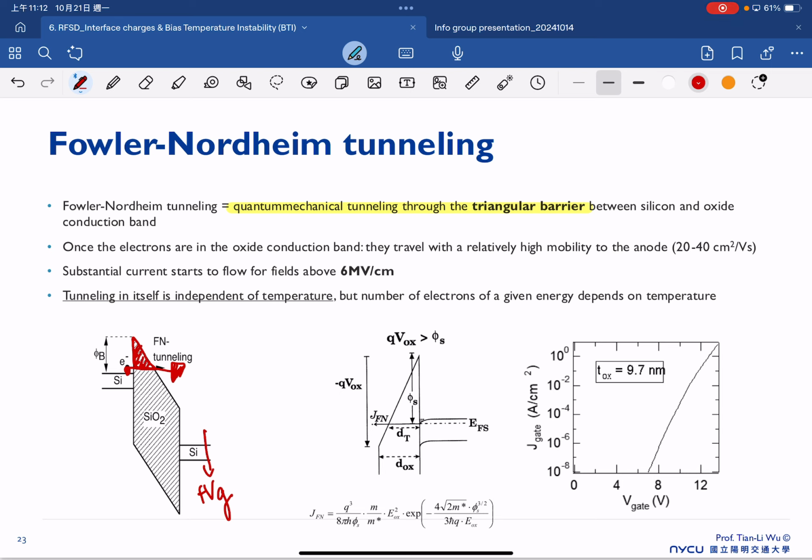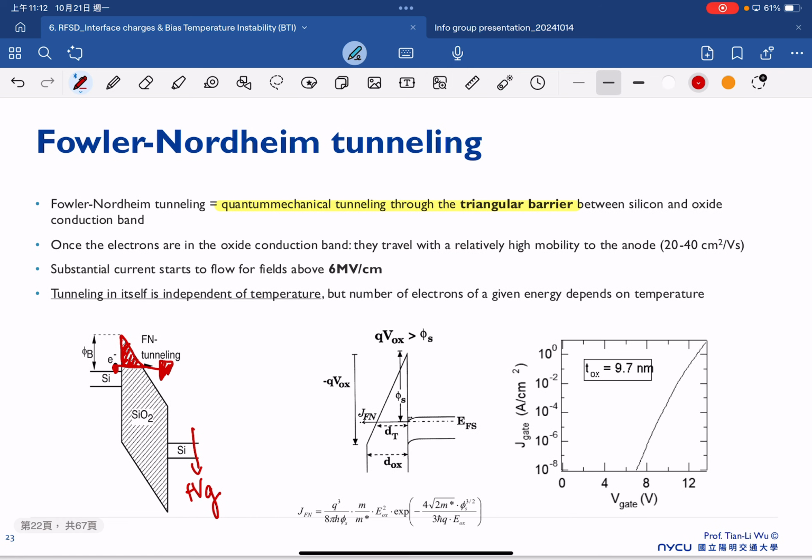Once electrons are in the oxide conduction band, they travel with relatively high mobility to the anode. This is the anode. And the substrate current starts to flow for fields of about 6 megavolt per centimeter. One of the features of this tunneling is that it is independent of temperature.